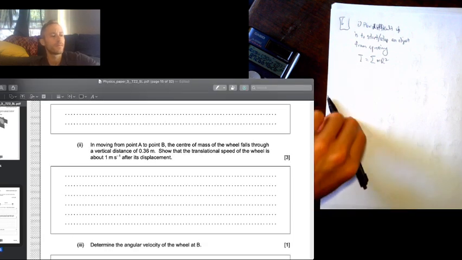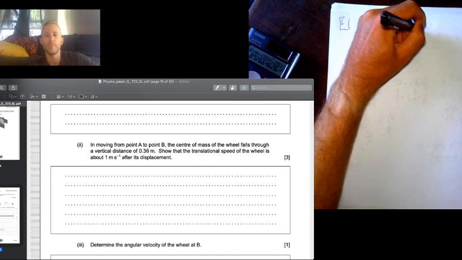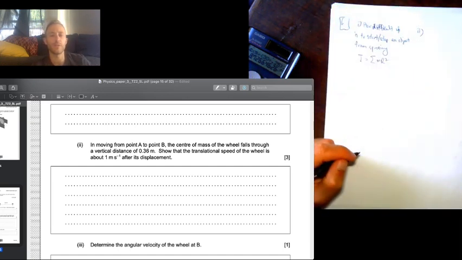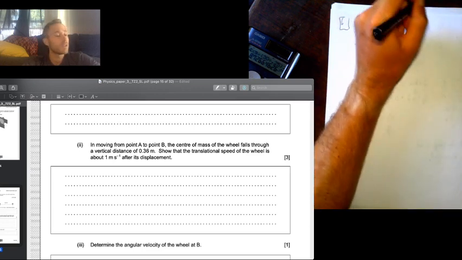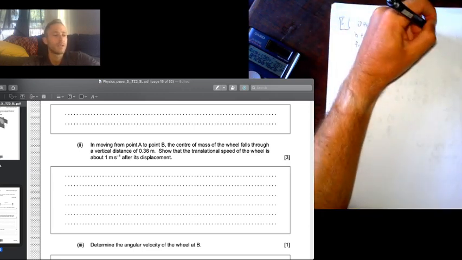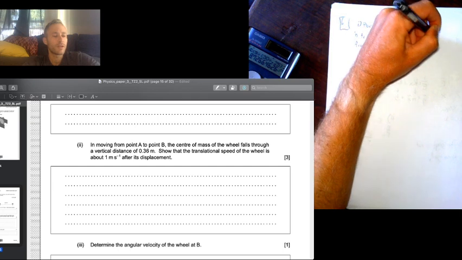Part 2 says, in moving from A to B, the center of mass of the wheel falls through a vertical distance of 0.36 meters. Show that the translational speed of the wheel is about 1 meter per second after its displacement. So I would use conservation of energy to show this. The initial energy equals the final energy.